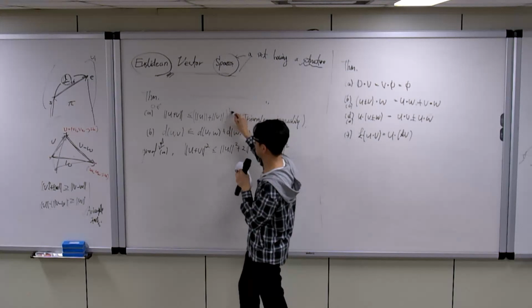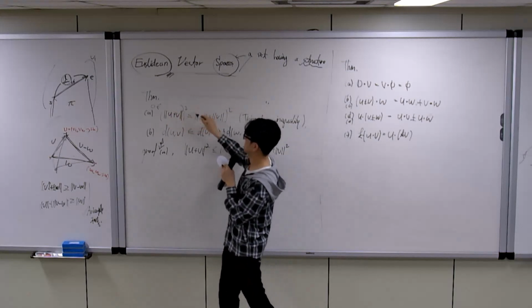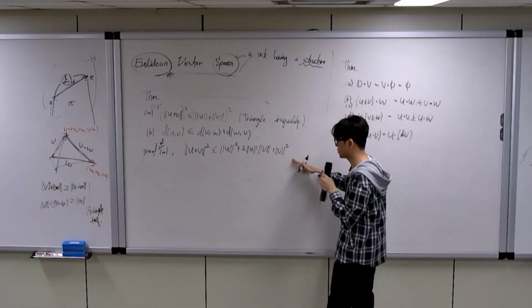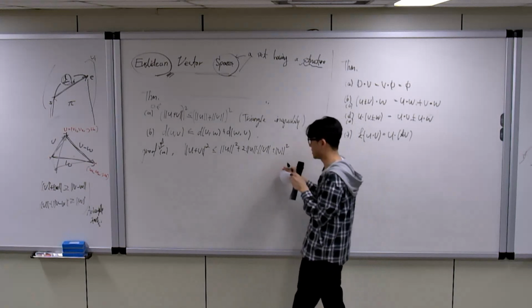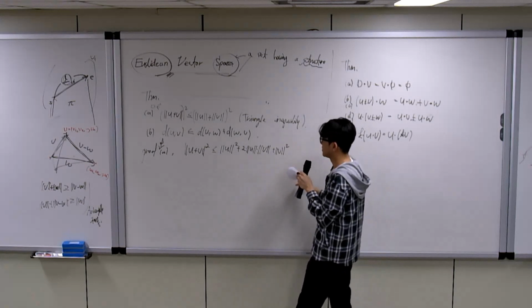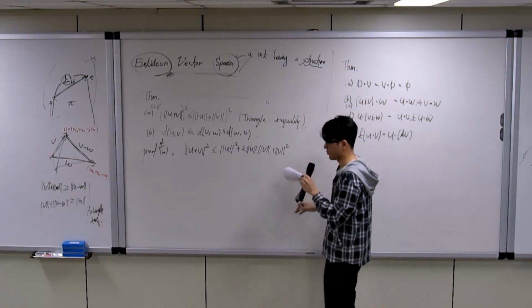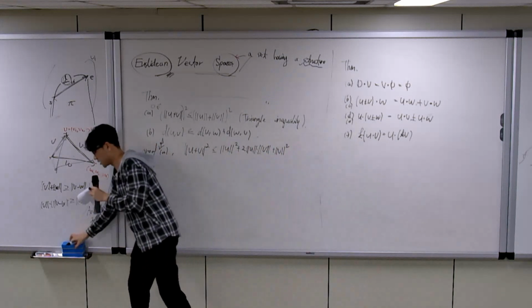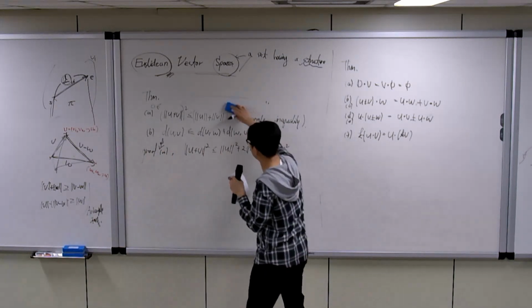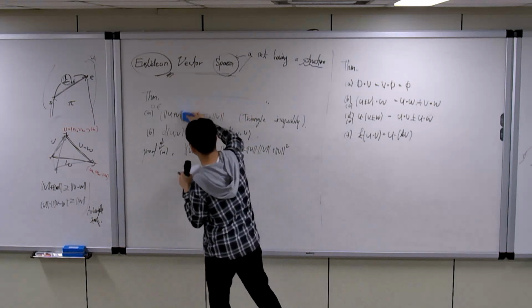Thus I choose the square root, and then it will give... I should show it. I made a mistake, sorry.